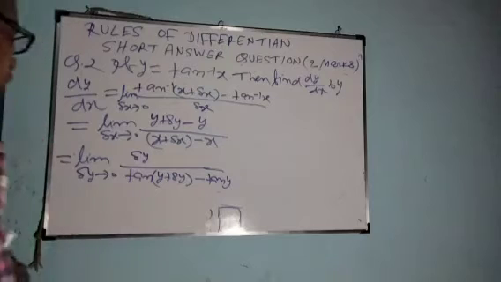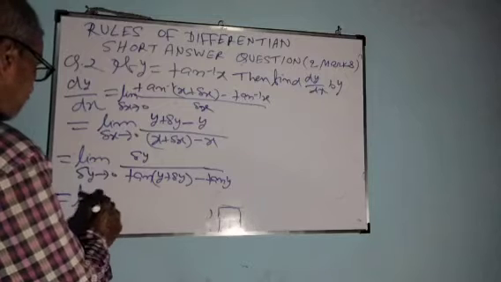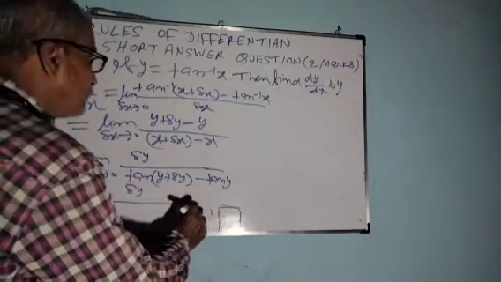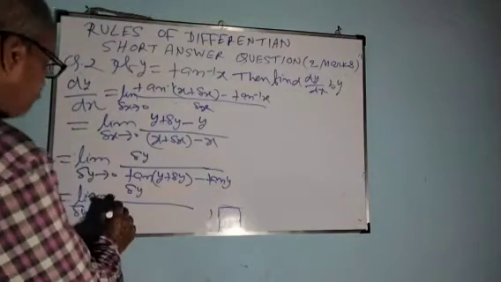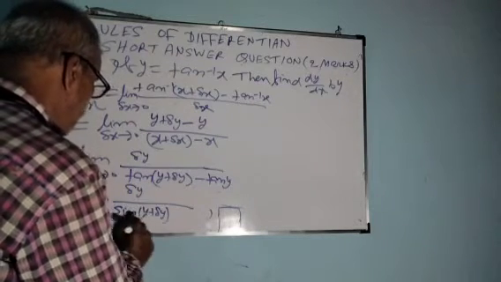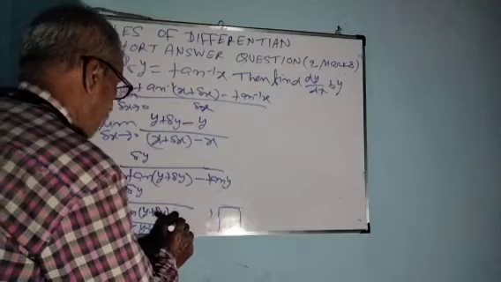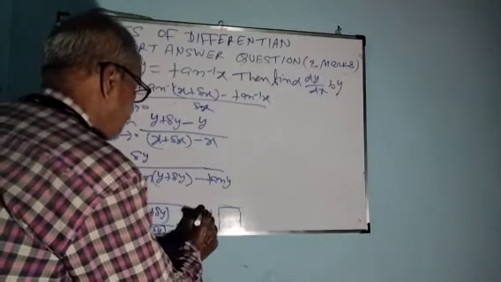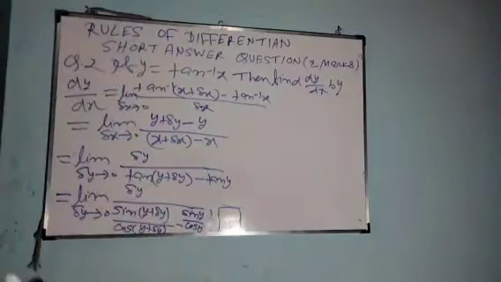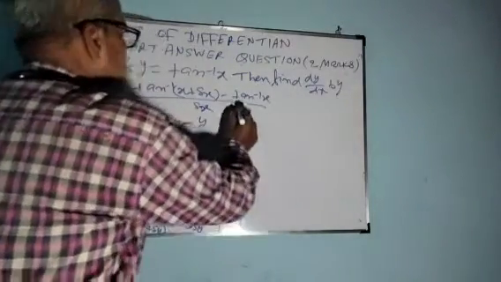Now I write the next step as limit delta y tends to 0 of delta y by sin of y plus delta y by cos of y plus delta y minus sin y by cos y.